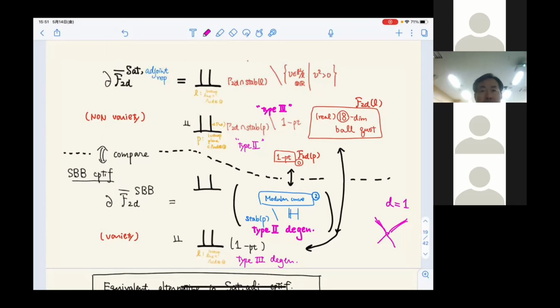It replaces this point by a real 18-dimensional quotient, and replaces these 4 curves by 4 points at the boundary. Then it still gives a compactification, corresponding to the adjoint representation of SO, but the compactification is a non-variety.